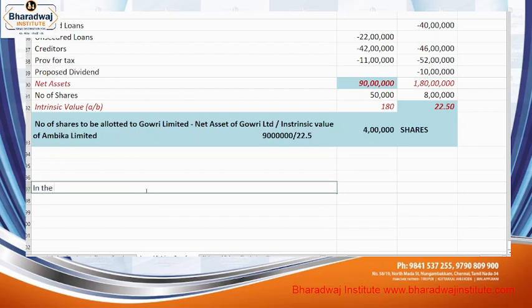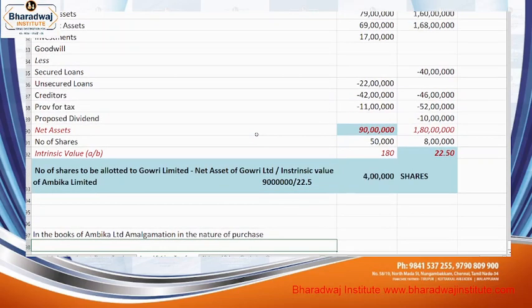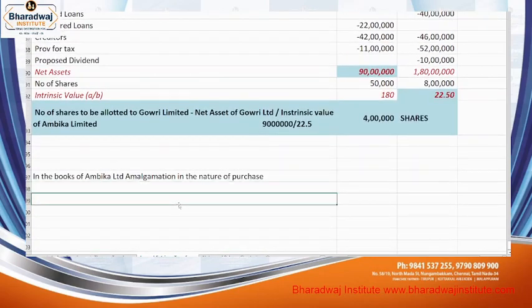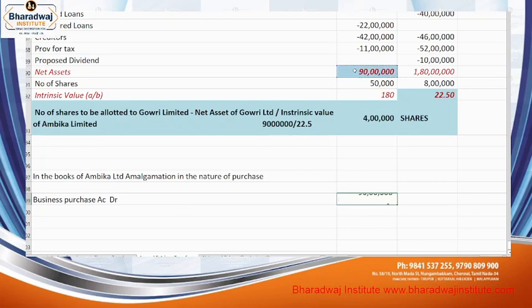Start. In the books of Ambika. Amalgamation in the nature of purchase, what is the first entry? How much? 90 lakhs. Liquidator of Gauri.